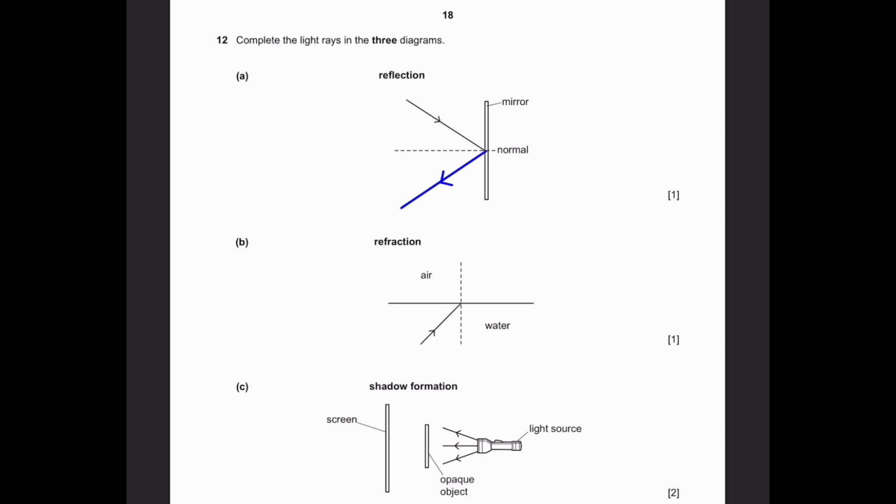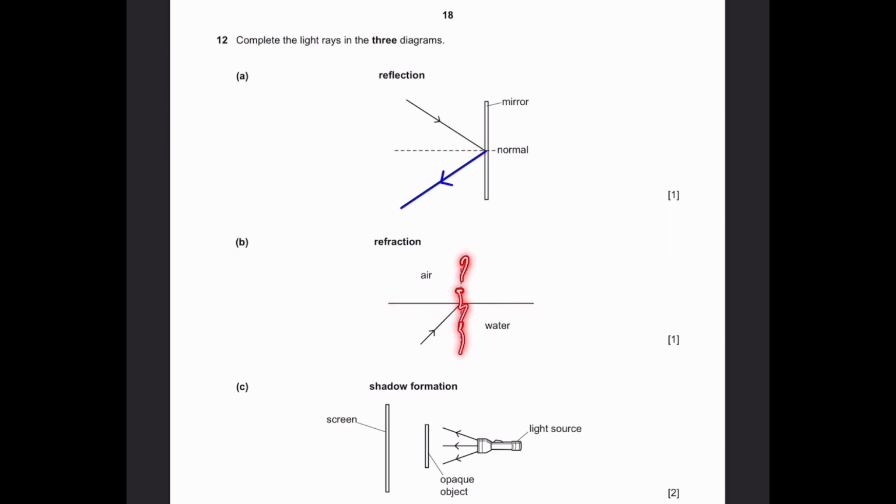B. Refraction. Air and water. So air has a lower density than water. That means that when it travels through this surface from water to air, it'll bend away from the normal, like this. This is the surface.